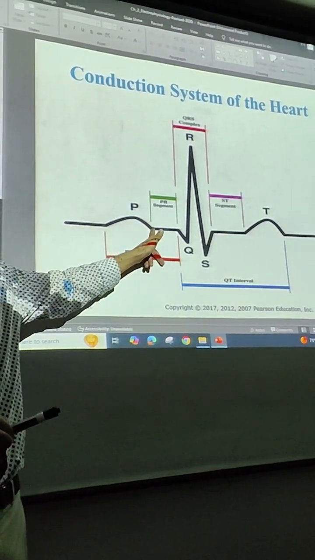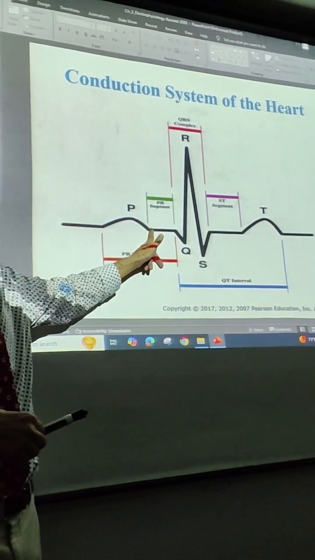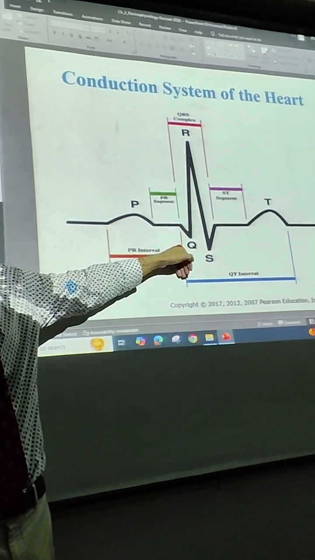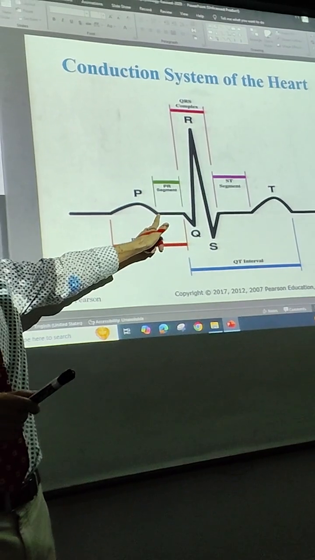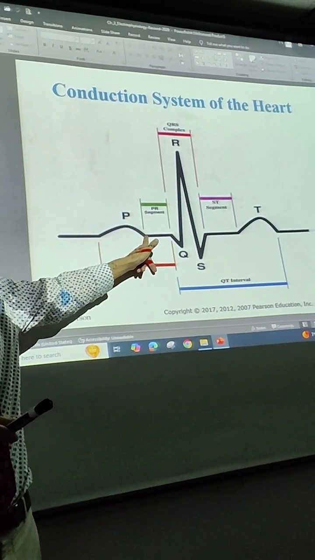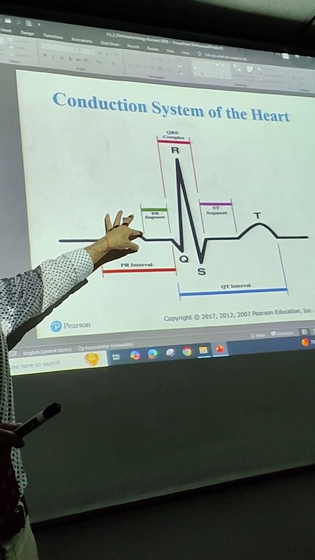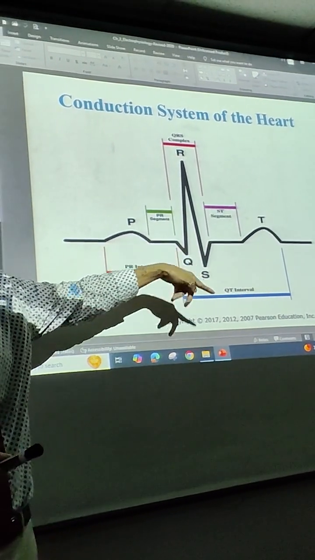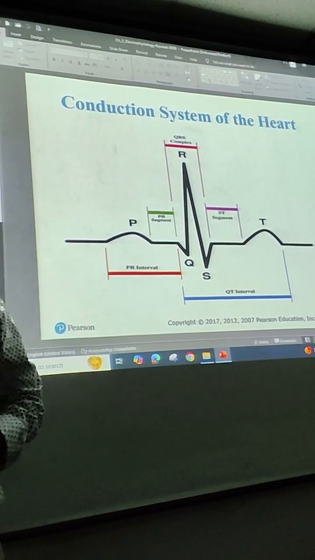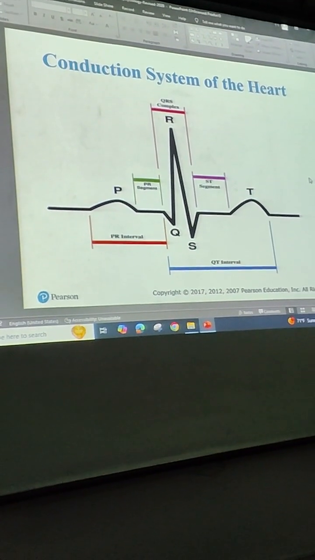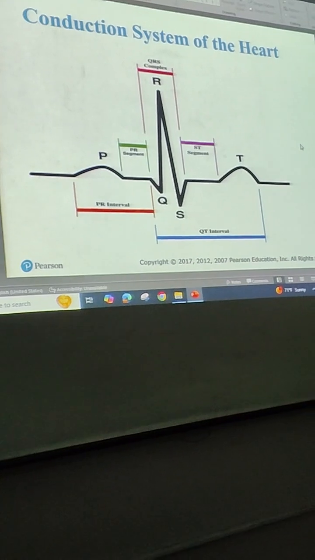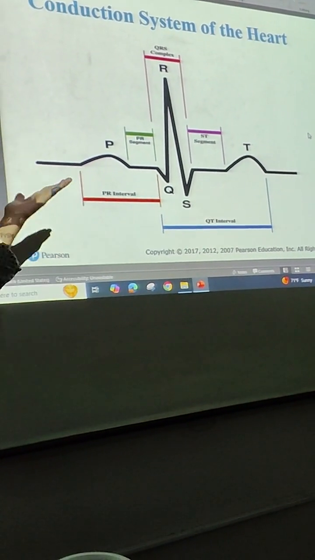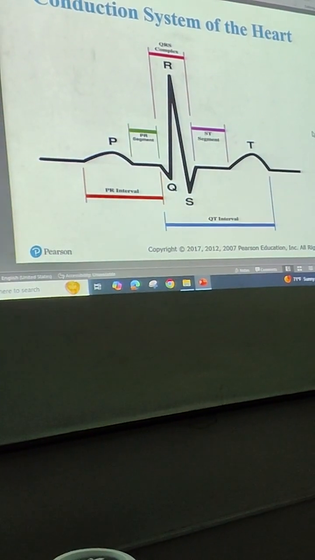We can say just the space in between the end of the P and the beginning of the Q. That's one answer. The time in between the contraction, or depolarization, of the P, and the depolarization of the ventricles, which is the QRS. So that's how we have to see how to understand the answers.